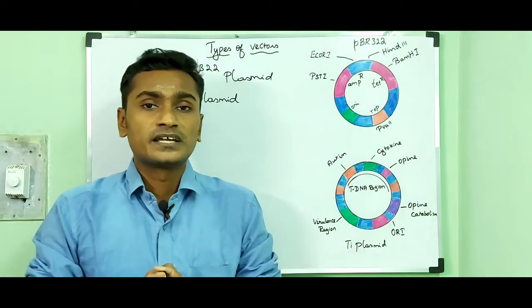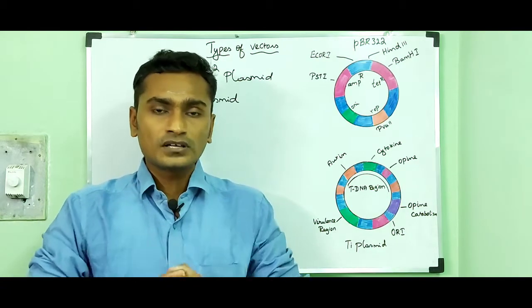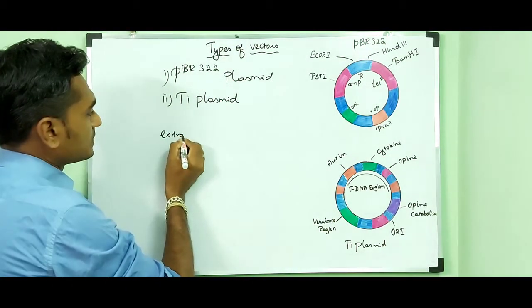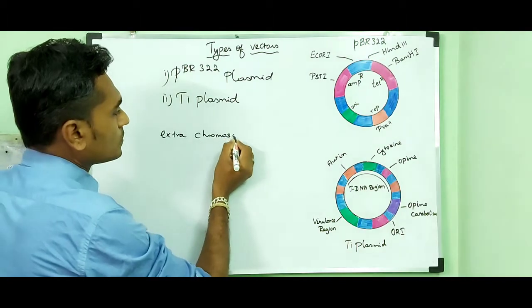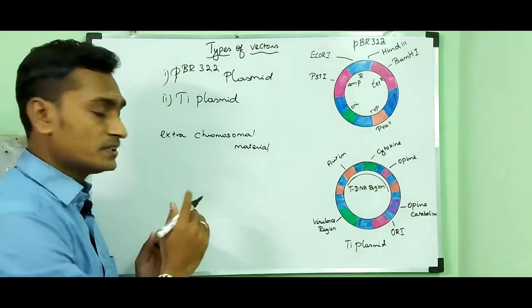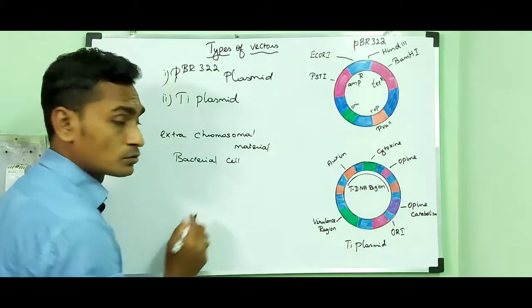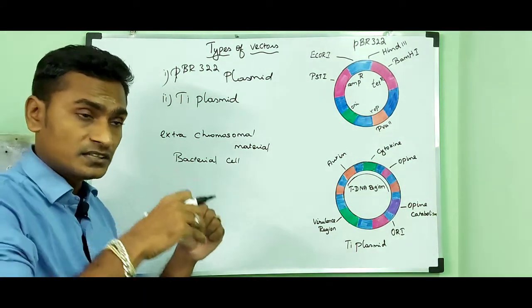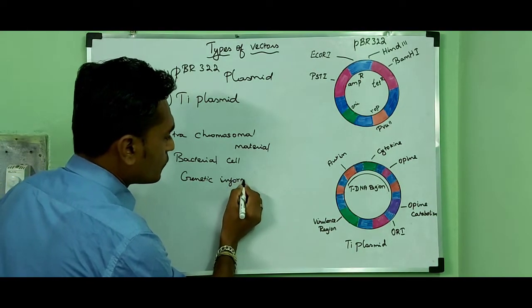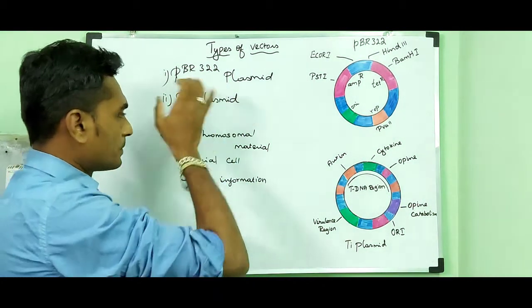The plasmid can self-replicate because it contains genetic information for self-replication.